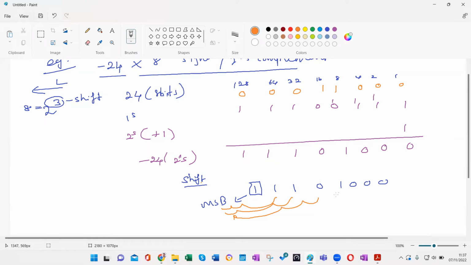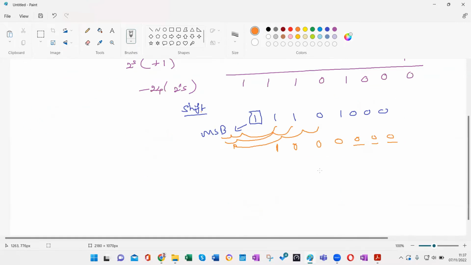So it's going to be this one which will come here, and you can see the rest are zeros. There are 3 empty spaces, which will be filled with zeros. All right. So the answer is supposed to be 1, that is the most significant bit, which is the sign. And then 1, 1, 0, 1, 0, 0, 0.